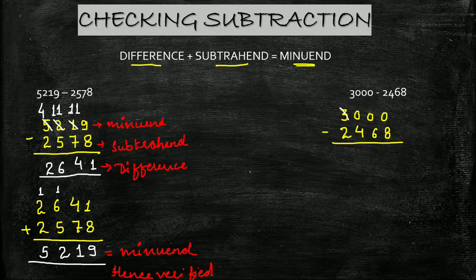So 2000s will be left here and it will be equal to 10 hundreds. But we have to give 100 to the tens column. So 9 hundreds are left here. Again in the tens column we have to give 10 to the ones column. So 9 tens are left here.